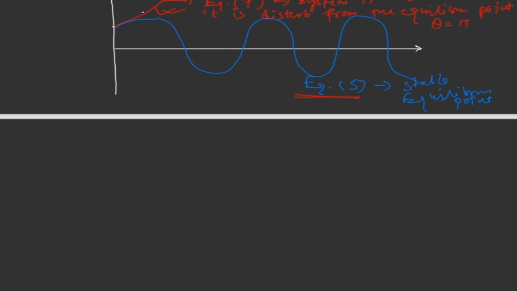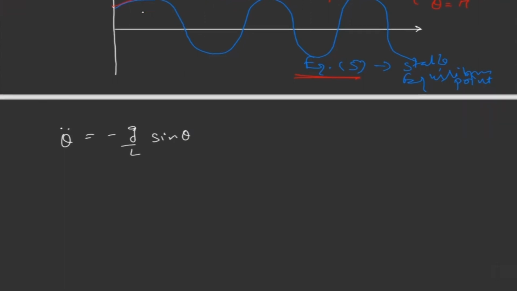We had theta double dot equal to minus g upon L sine of theta. So here, this is basically a nonlinear equation due to the presence of sine theta. And if you remember, we came up with first order systems where we have the change of variables, x1 equal to theta and x2 equal to theta dot.